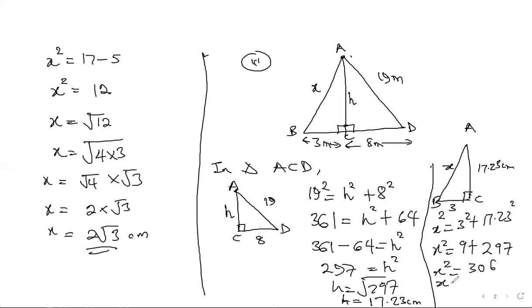Then x will be square root of 306. So x will be 17.49 centimeter. Okay. All right. So I hope that's clear enough. So we stop there and we'll continue in the next part of the video.